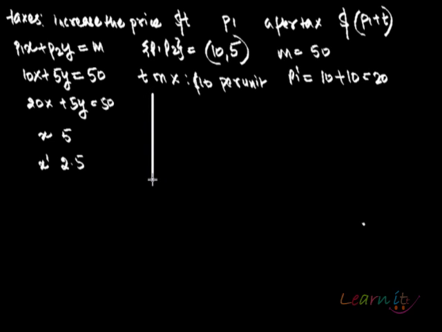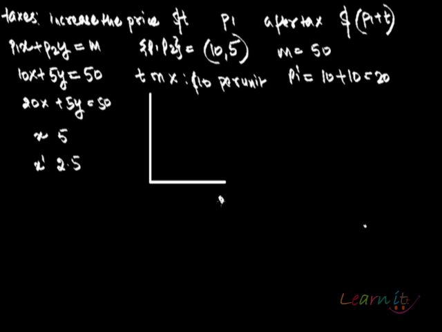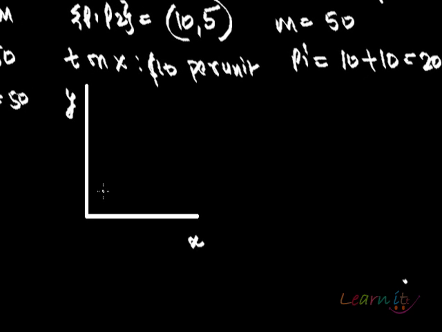See, these are the axes, this is your x and y. Earlier when y is 0, x was 5, and when x is 0, y was 10, and the budget line was this. Clear?